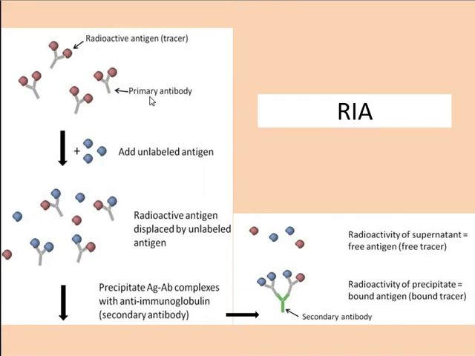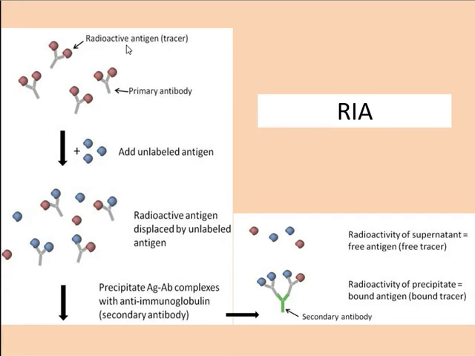Second is a labeled antigen. That means you are trying to measure the hepatitis B antigen. You are trying to measure the concentration of hepatitis B antigen in the patient's serum. So in your kit, you should have the hepatitis B antigen in radio labeled form. You can call it the radio labeled antigen or the tracer antigen.